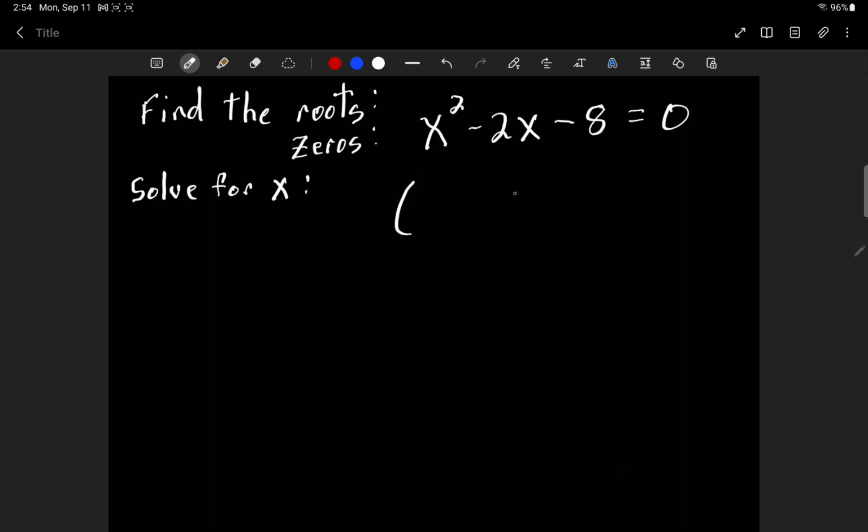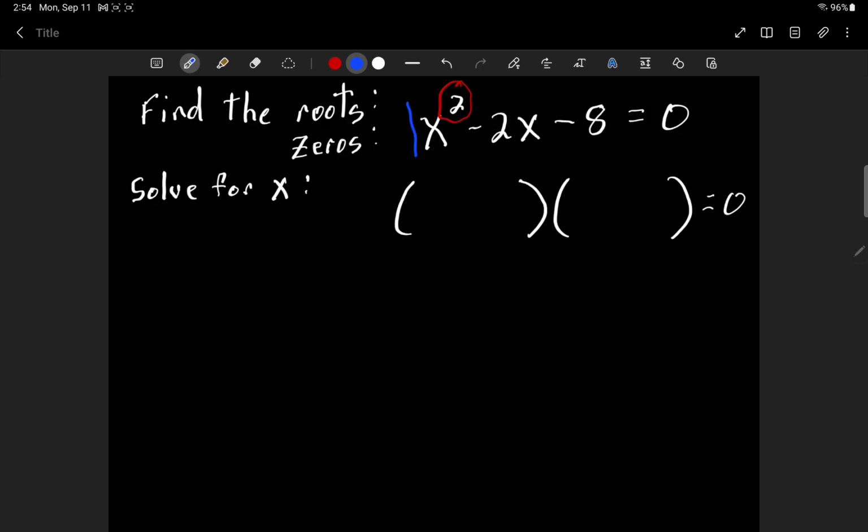I'm going to set up that this should have 2 parentheses equal 0. I know this because it has a degree 2, and that's up here, right? The degree of this polynomial is 2. My leading coefficient is 1. It's not written, but I know it's there.